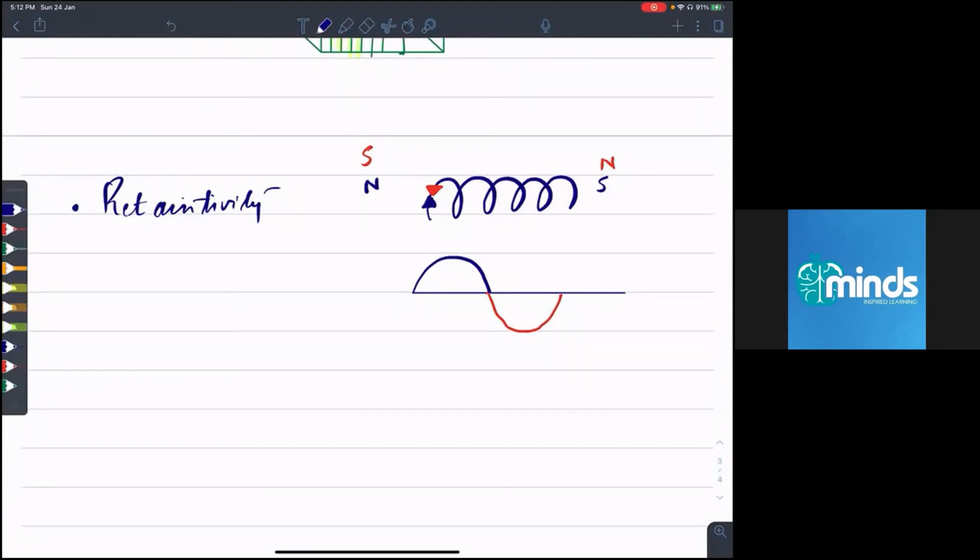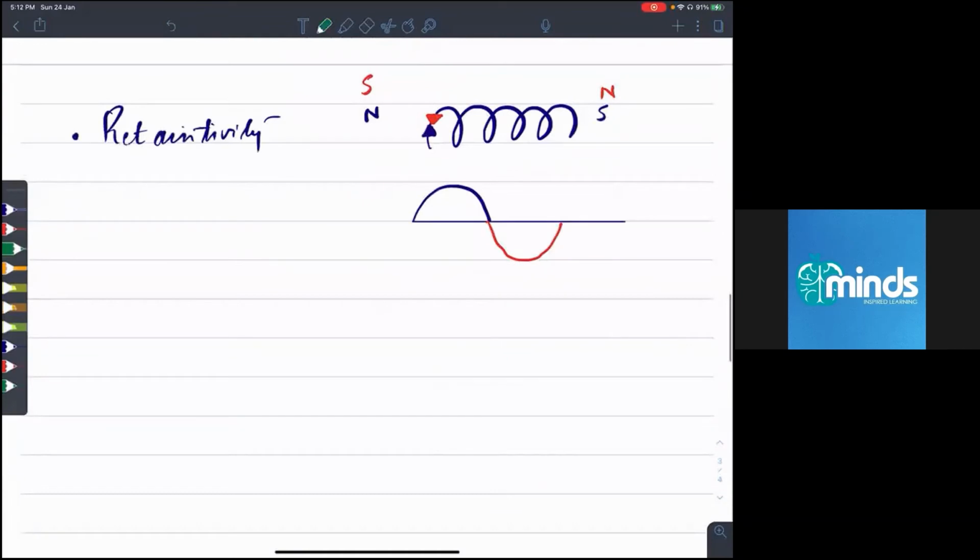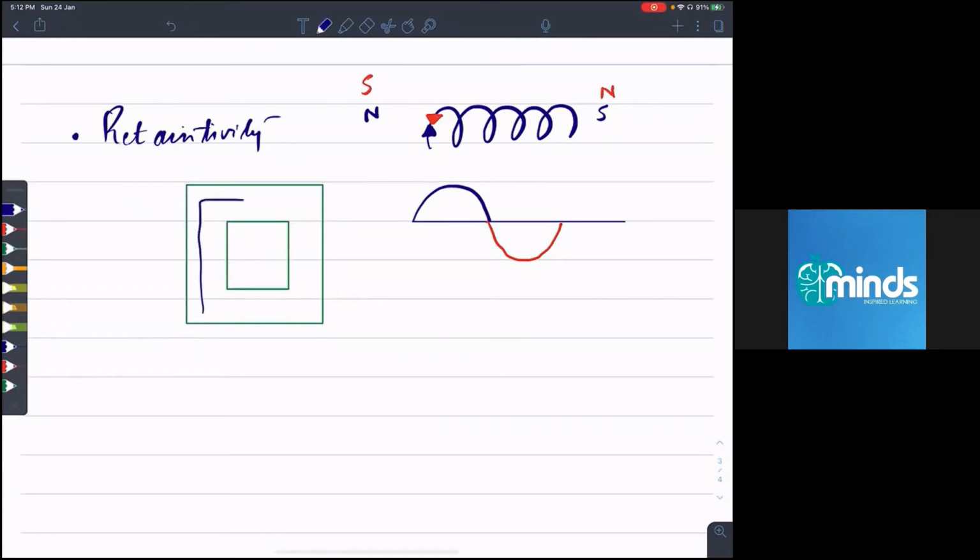Okay, see, if retentivity of a material is very high, what will happen? When alternating current changes the polarity, magnetic field needs to change the polarity, right? So just look at this frame, this core. Okay, let me explain. Let's say this is the core. During positive cycle, line of force will be traveling in this direction.